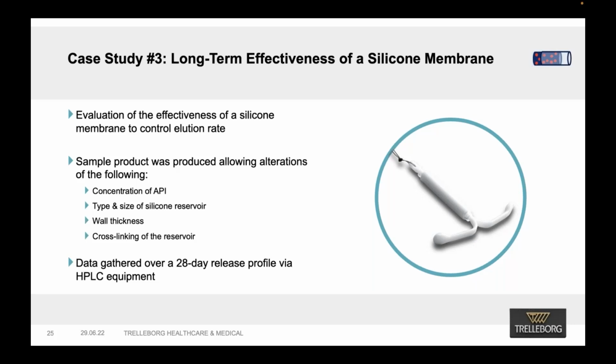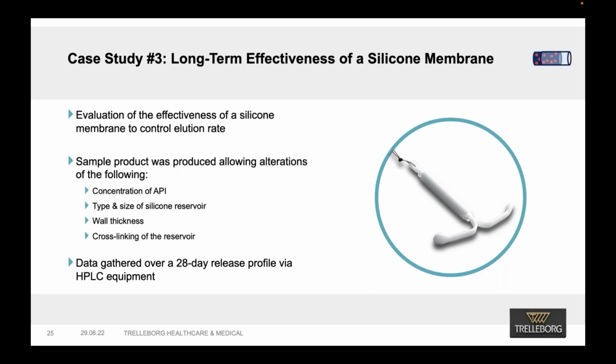So to do this, we took a look at a predicate device once again, and with samples of that device, a 28-day release profile was taken, and that essentially became the target that our team pursued. And so we proceeded into manufacturing our own samples and then making changes to the concentration of the API within those systems.